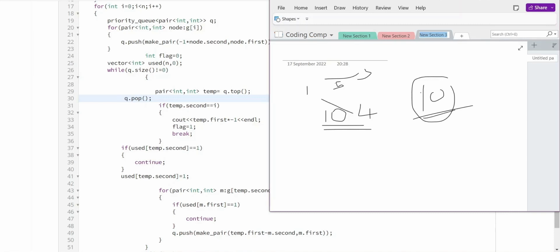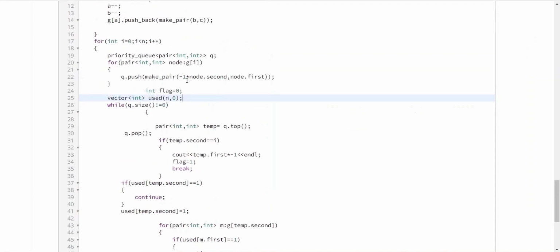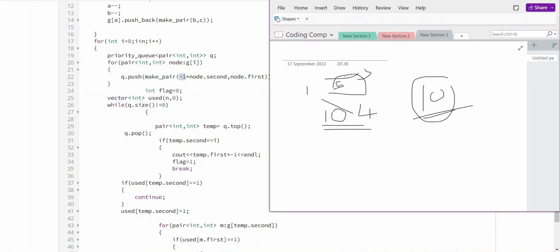We need to take the minimum amount of time, right? So for minimum time we should have picked 5. Another method to resolve the situation is we just multiply all the weights by -1. Whenever we are pushing anything to the queue, we are also multiplying the weight by -1. So when we needed to pick 5, the two values inside the priority queue now would be -10 and -5, right? So again, -5 being greater than -10 would get picked.